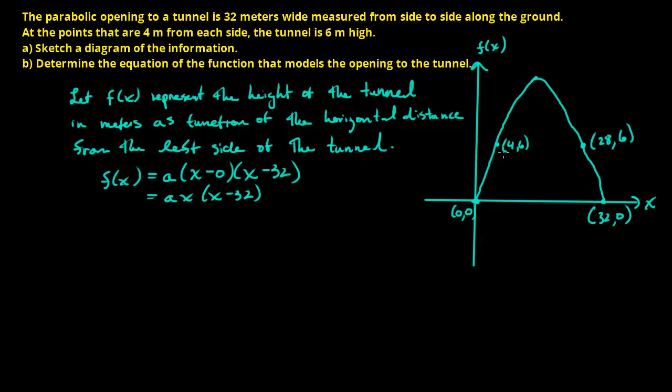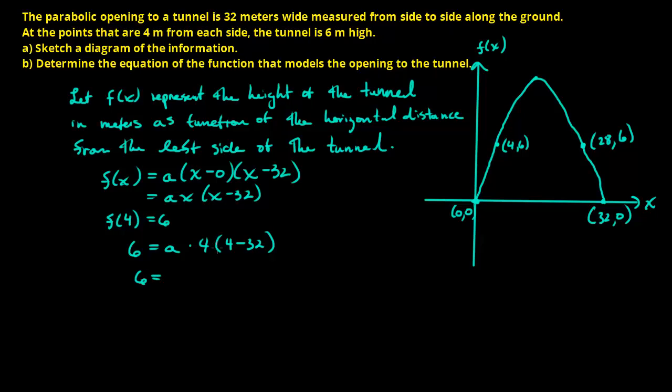Now we can actually plug in one of these points to solve for a. So I know that f of 4 is equal to 6. So 6 should be equal to a times 4 times 4 minus 32.